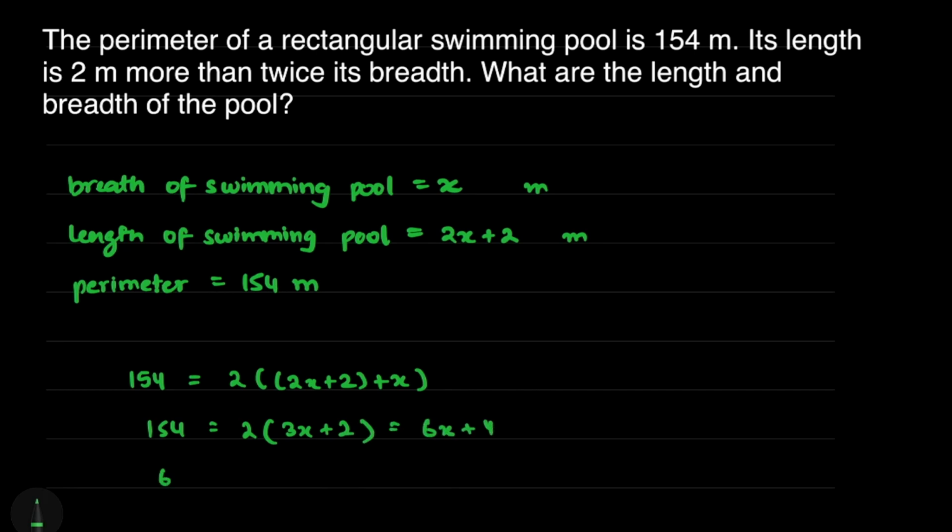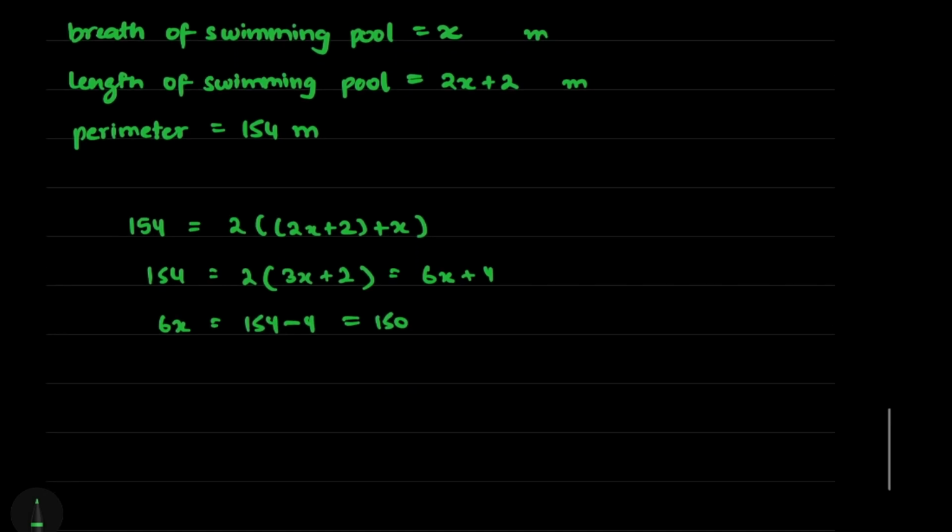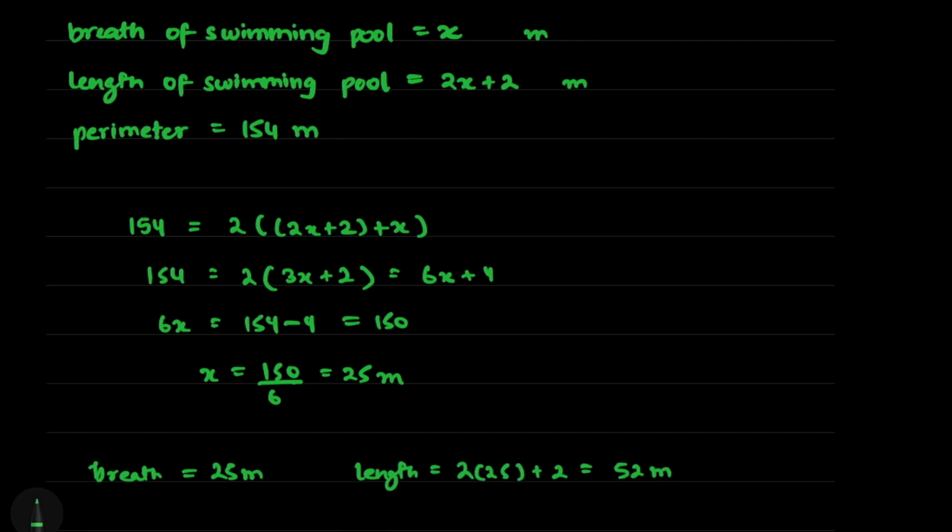So we have 6x is equal to 154 minus 4. That comes out to be 150. Then x is equal to 150 by 6, and that comes out to be 25. So our breadth is 25 meter and our length is 52 meter.